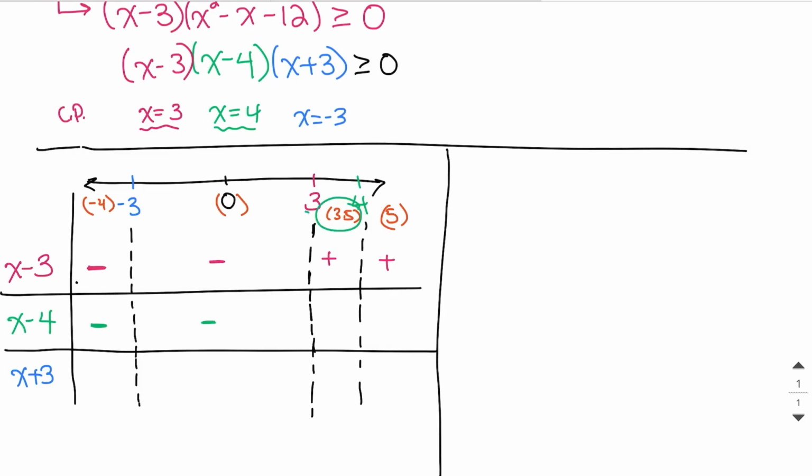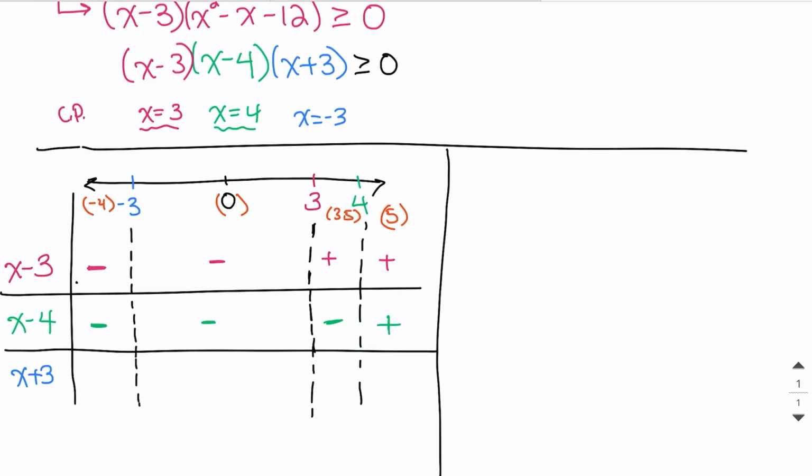Now, if I were to take 3.5 and plug it in for x here, this time it would be 3.5 minus 4, which would still be a negative value, so I'll have a minus sign right here. And then lastly, we have 5 here. When I plug in 5, I would have 5 minus 4, which is a positive value. I get positive 1, so this is a positive value. So notice for x minus 4, everything will be negative until I get to that 4 right here.